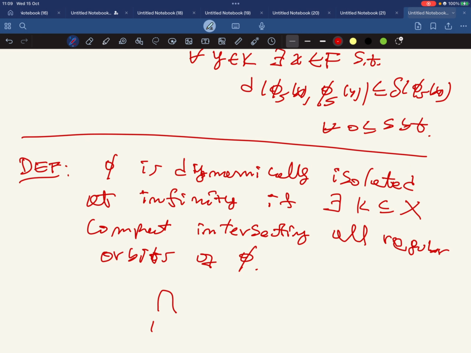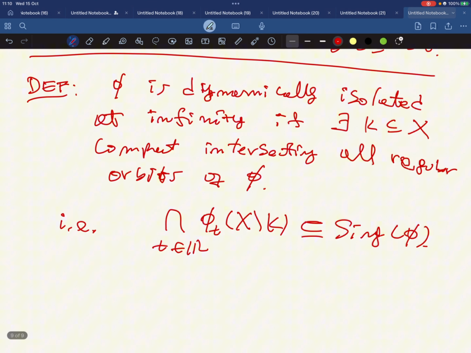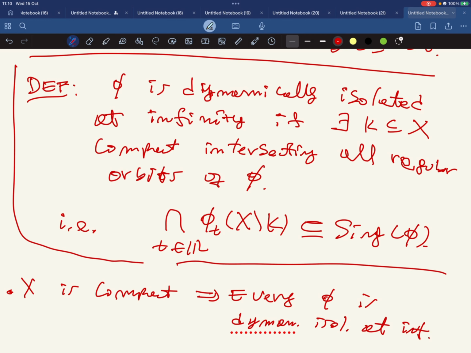In formula: phi t of x, removing K, is contained in the singularities of the flow. Okay, that is this property. For instance, if X is compact, then every flow is dynamically isolated at infinity. So in the case of a compact metric space, this hypothesis is not necessary. You can easily find examples where this property is not true. Not difficult to find.